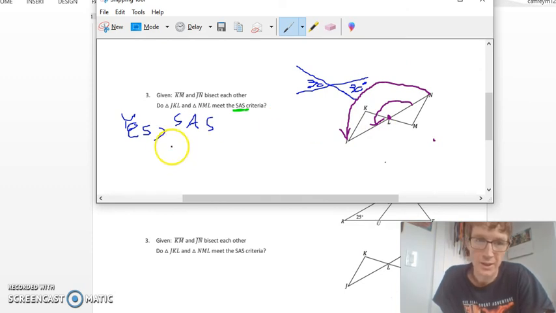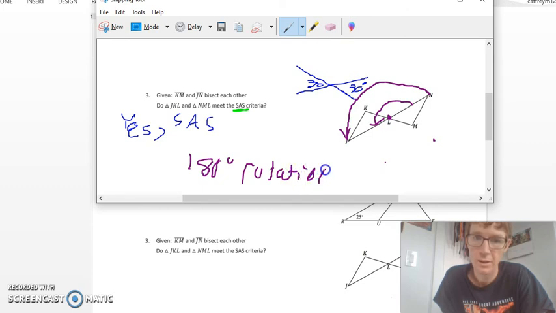So what we would say is, the transformation would be a 180 degree rotation about L, about this point L.